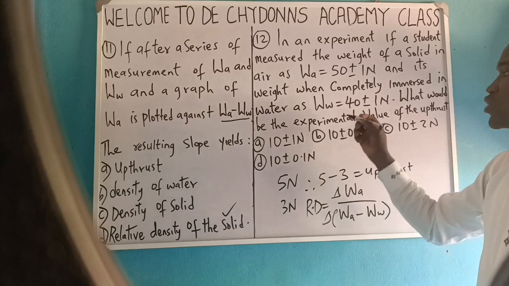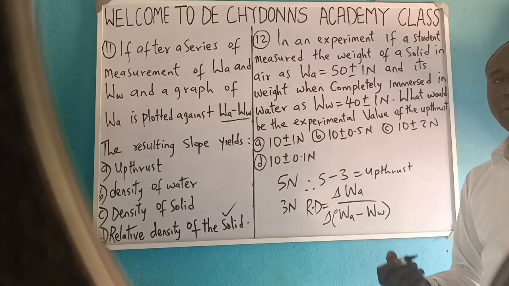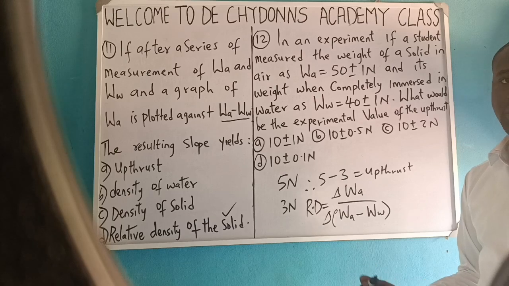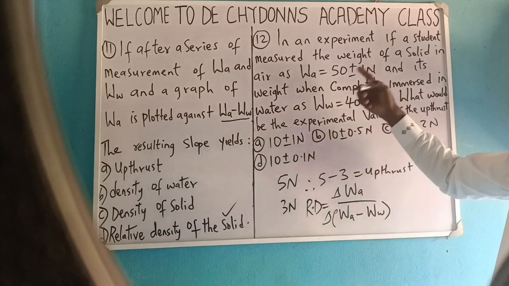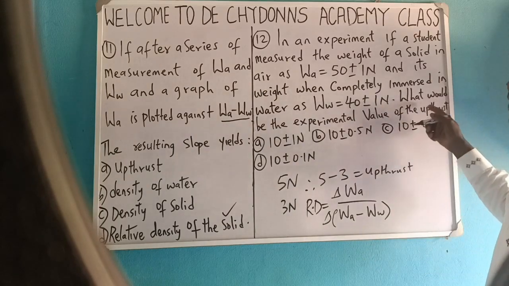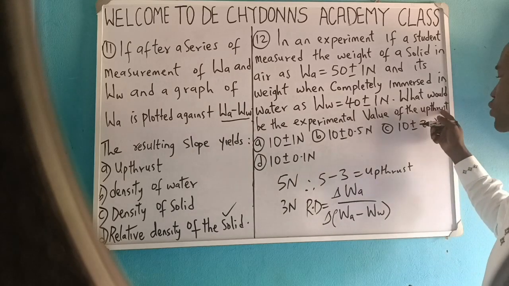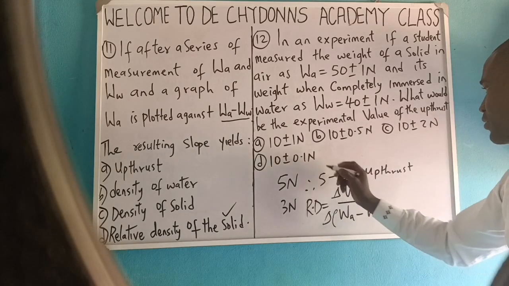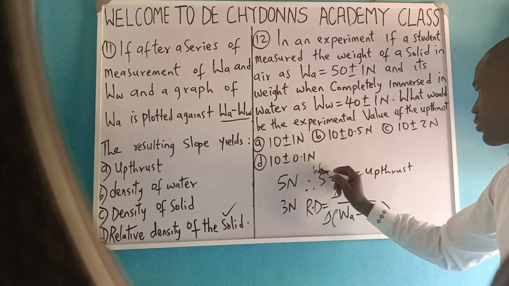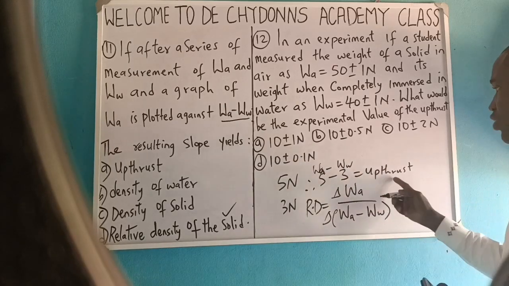Yes, this question is coming from how to find error in sum and difference of two functions, so to speak. We have weight in air and weight in water. When they talk about the experimental value of the upthrust, it means weight in air minus weight in water, as we said before, and we get upthrust.